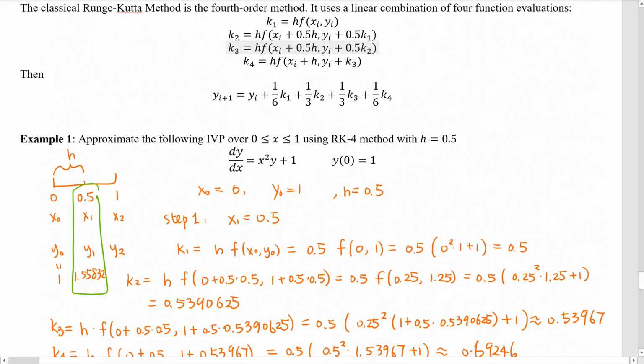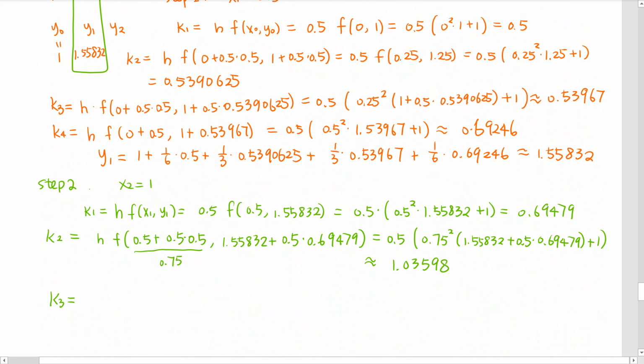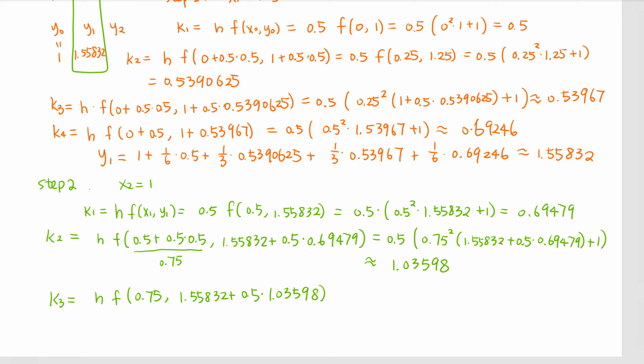So that is almost the same as before, but replace K1 by K2. So almost the same as the last step, but we place K1 by K2. So we place 0.69479 by 1.03598. So almost the same, but we place that by 1.03598.